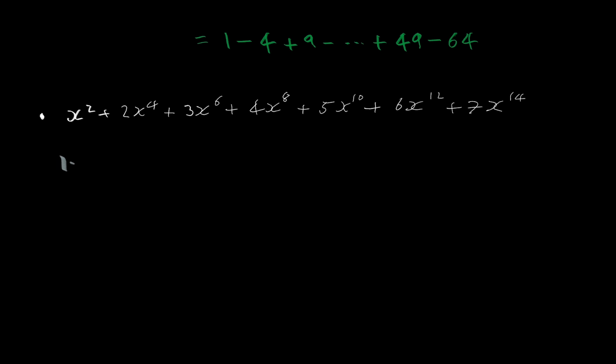Sometimes it's helpful to write things out in a way that's not simplified. Often if you simplify, it makes it harder to see what the pattern is when you want to write something in summation notation.